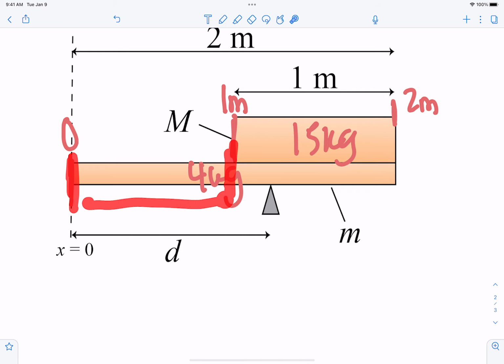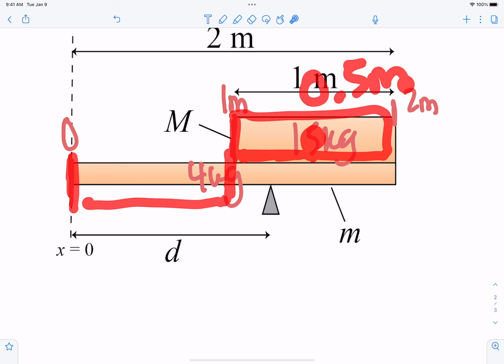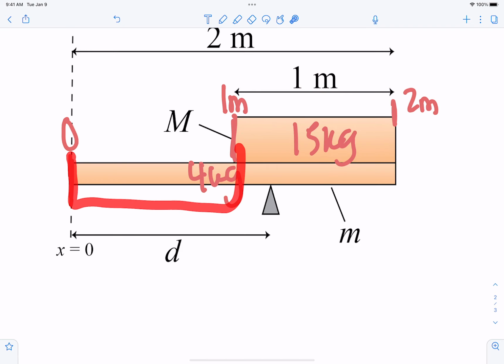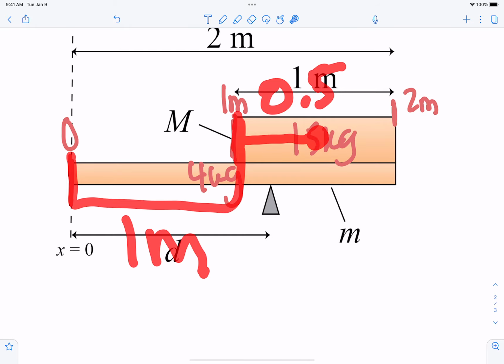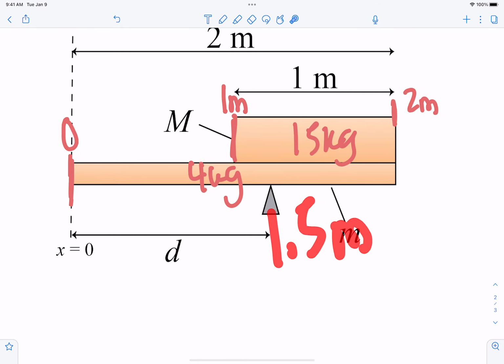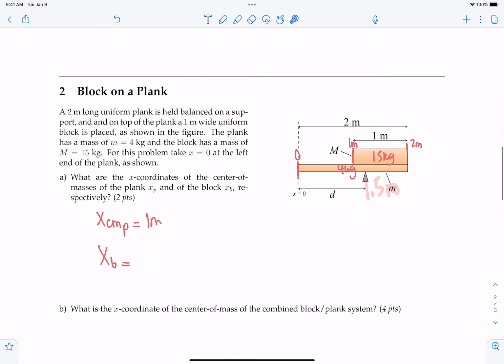And then since it's a uniform block, if the block is a meter long, then the center of mass is just going to be in the geometric center, so half a meter along the length of the block itself. So from here to here, it's 0.5. Well, from 0 to 1 is 1, and then an additional 0.5 to get to the center of mass of the block, that's a 1.5 meter center of mass. Does that make sense?